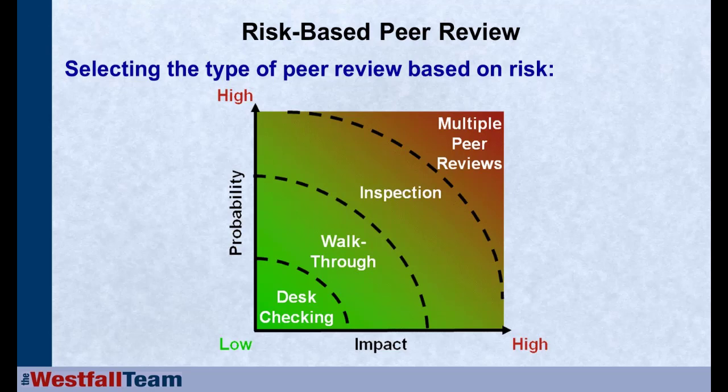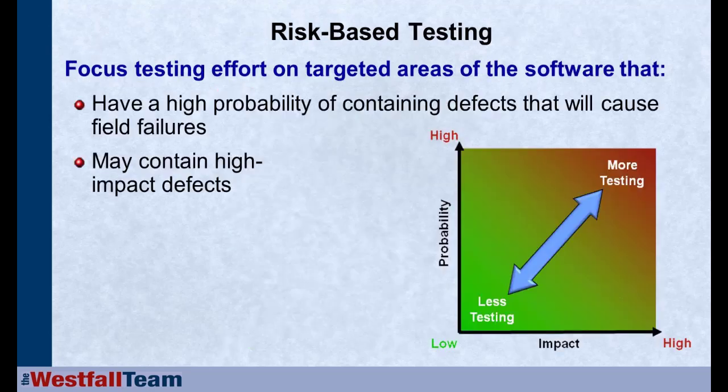When I'm doing risk-based testing, I'm going to focus my testing effort on the probability that a particular component that makes it all the way into the testing cycles still has yet undiscovered important defects, and what's the impact if those defects escape from that V&V activity, especially those later testing activities, and cause a field failure that would be high impact.